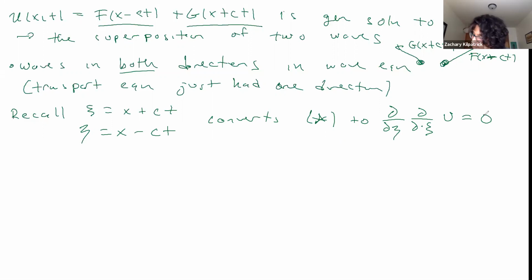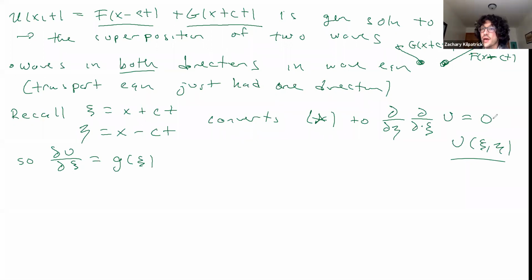Okay, so I have this function now u of xi and eta. So what that means is du d xi is equal to g of xi if I just integrate this up with respect to eta. If I integrate this equation up with respect to eta, I'll be left with d d xi of u on the left-hand side and some function g of xi on the right-hand side. Because g of xi, if I differentiate it with respect to eta, then I just get back 0, right?